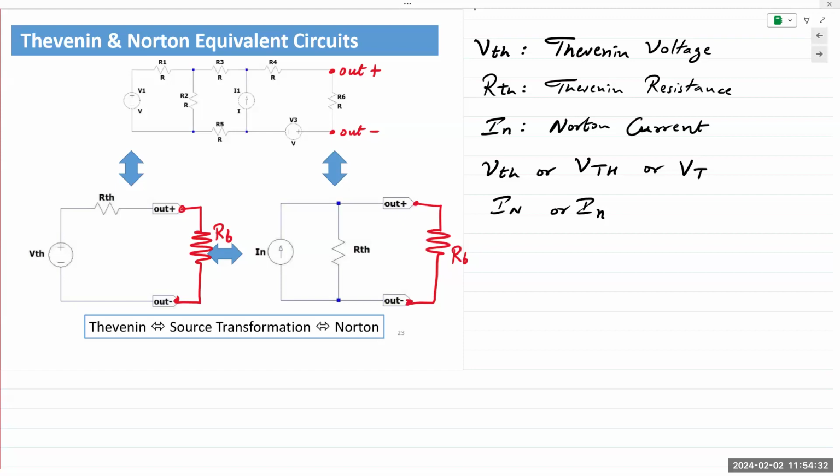You have voltage, you have current, you have resistance. What comes to mind? Ohm's law. So you got VTH equals IN times RTH.